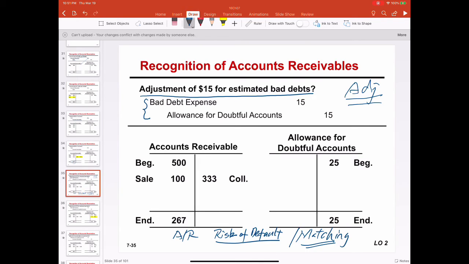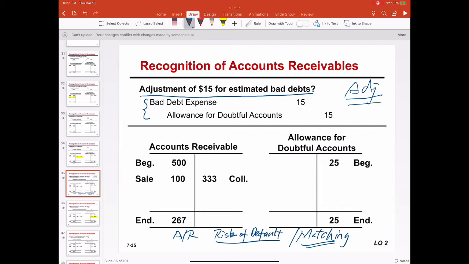when you generate revenue from credit sales, you also should match the potential bad debt expense, which exists for every firm. Okay? Some firms' collectability may be 99, some may be 99.5, some may be 80, right?